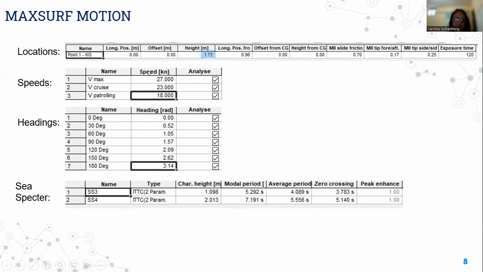We have three velocities: the maximum, the cruise, and patrolling. We consider 7 degrees, and this boat navigates in sea states of 3 and 4.